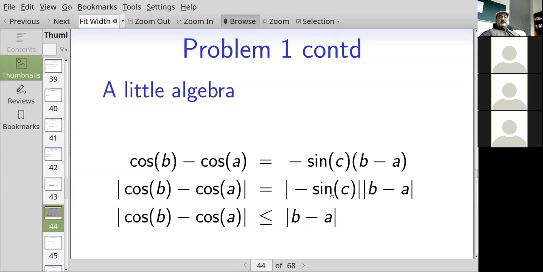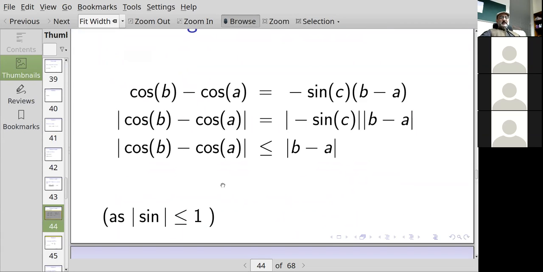So the absolute value of minus sine of c times the absolute value of b minus a must be less than or equal to the absolute value of b minus a. If the sine function had given you 1, then it would be equal. Otherwise, it gives you numbers which are less than 1. So now we know that the absolute value of cos of b minus cos of a is less than or equal to the absolute value of b minus a. We're using the fact that the absolute value of the sine function always takes values less than or equal to 1.